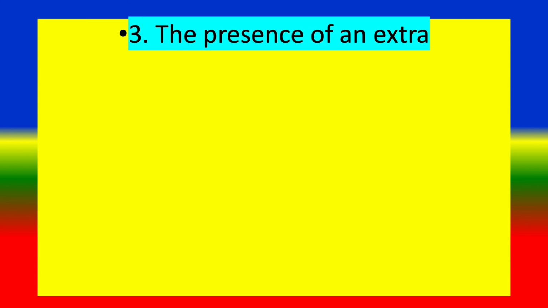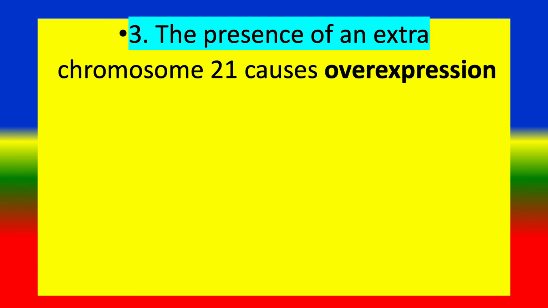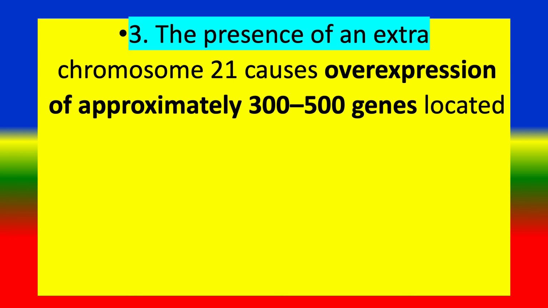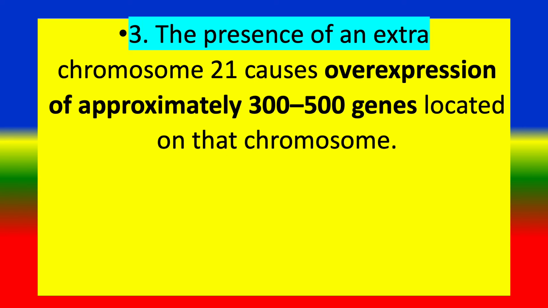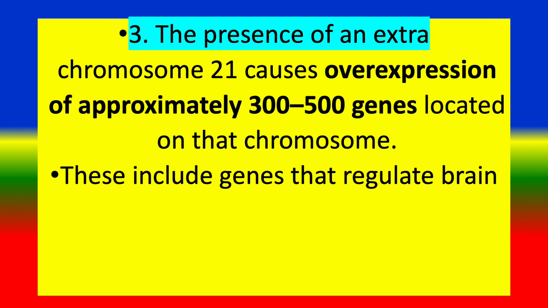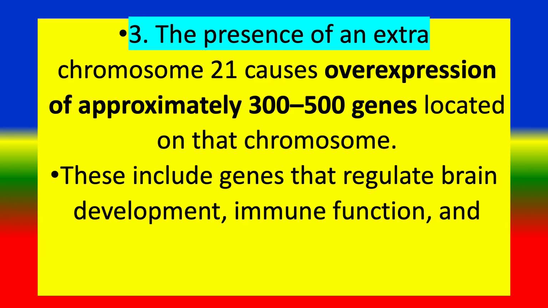The presence of an extra chromosome 21 causes overexpression of approximately 300 to 500 genes located on that chromosome. These include genes that regulate brain development, immune function, and heart formation.